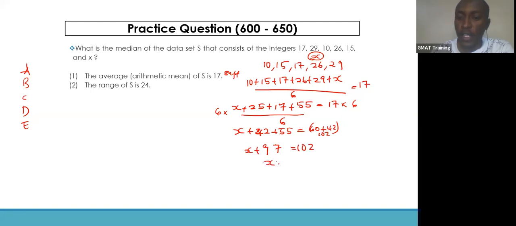Find the value of X as 102 minus 97. This should be 5, and we have the value of X as 5.